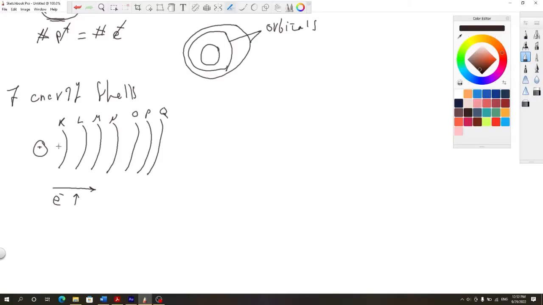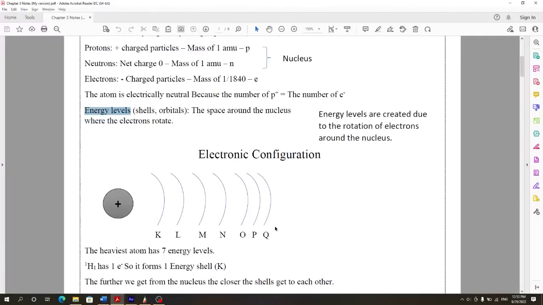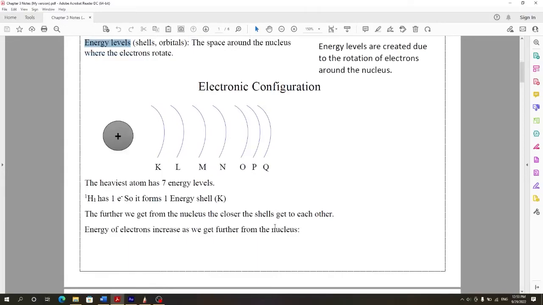While when we get closer, for example, K and L shells, we are closer to the source of attraction, meaning that we have lower kinetic energy and lower potential energy. So that's the electronic configuration.